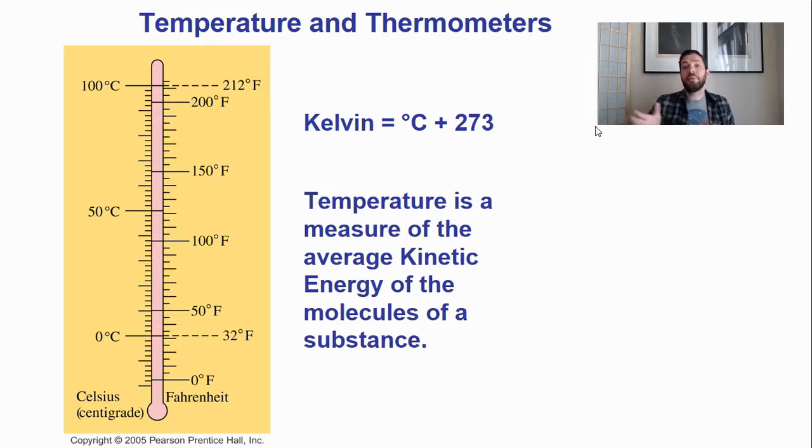And I mean statistically average. They all have statistically random kinetic energies. But if we take the average, that's going to give us the temperature. So a higher temperature will correspond to a higher average kinetic energy for all of the molecules in the substance. They're going to be zipping around faster.